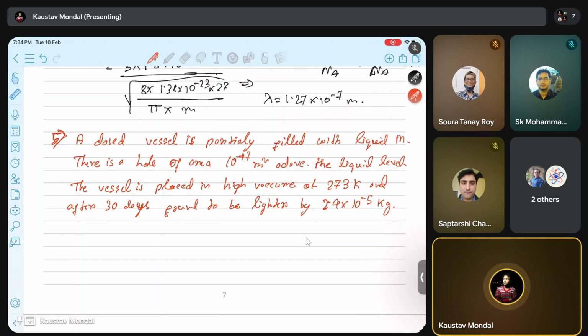Estimate the vapor pressure of mercury at 273 Kelvin.